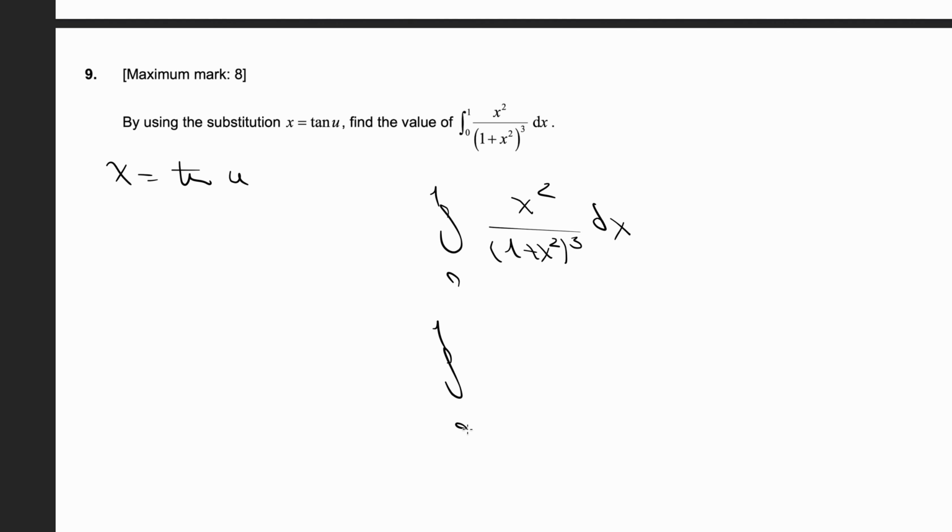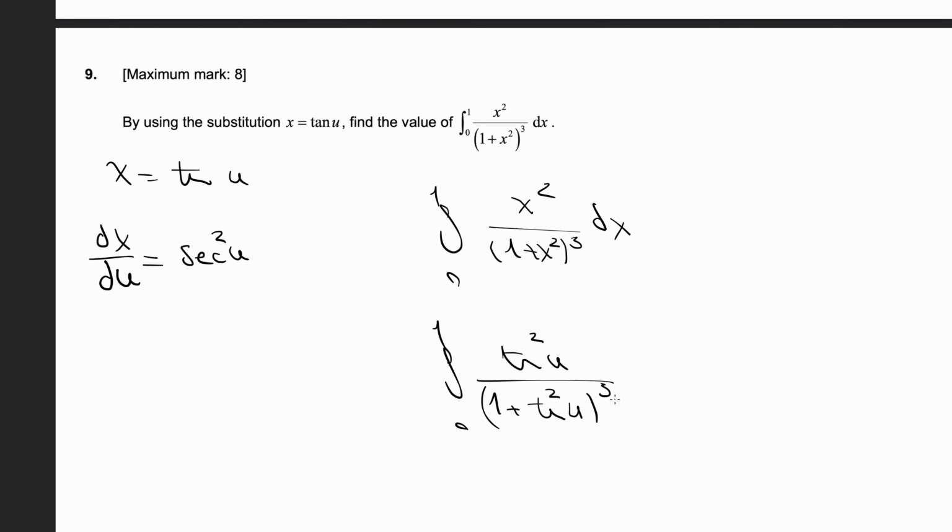So if we substitute in tangent of u, this is going to be tangent squared of u over (1 plus tangent squared of u) cubed, and then for dx you can find the derivative of x equal to tangent of u. It's going to be dx over du equals sec squared of u, right?